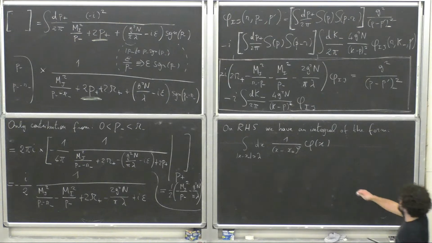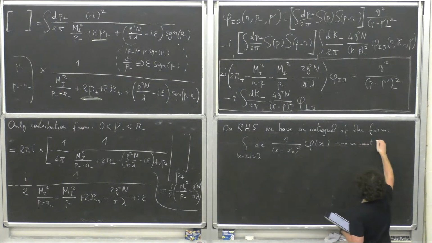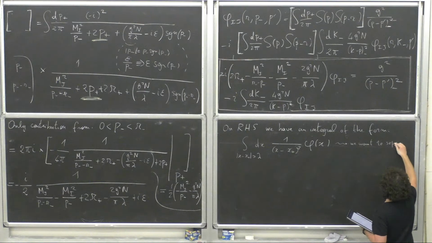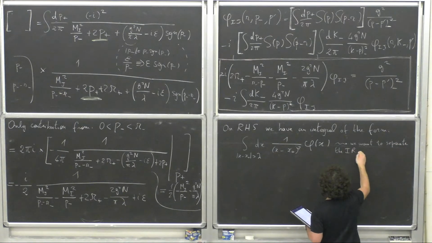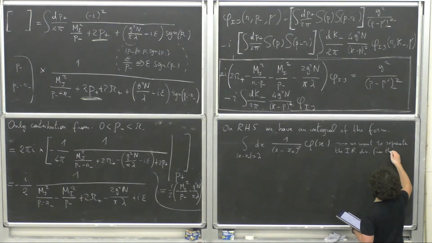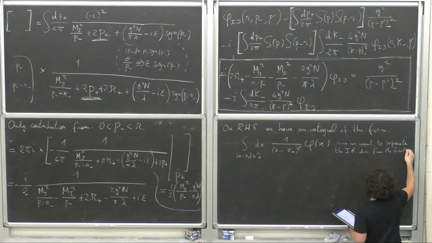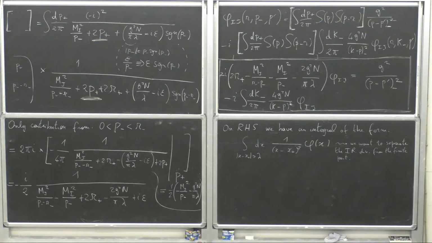And we want to separate the IR divergence from the finite part. So there are perhaps many ways to do it, but one way we can do it is as follows.